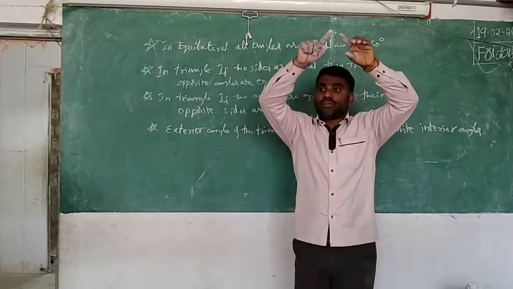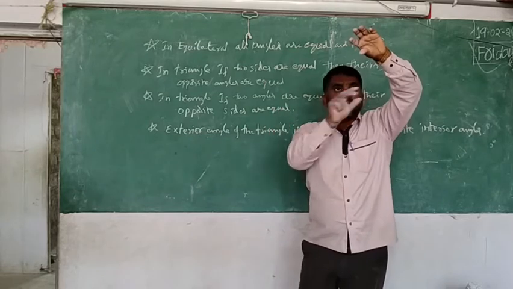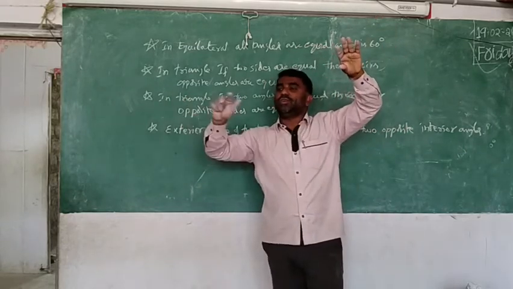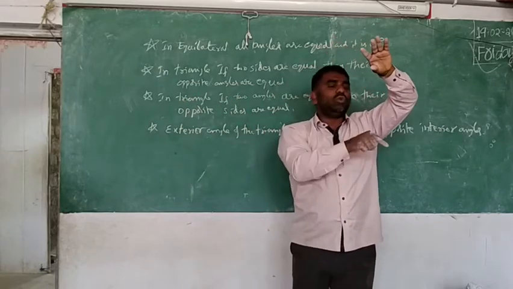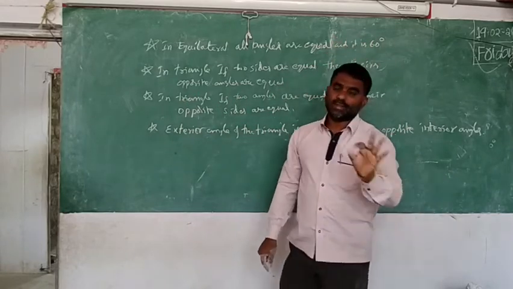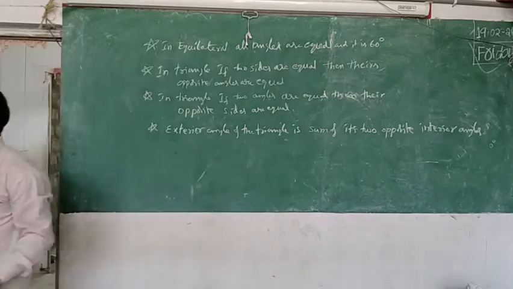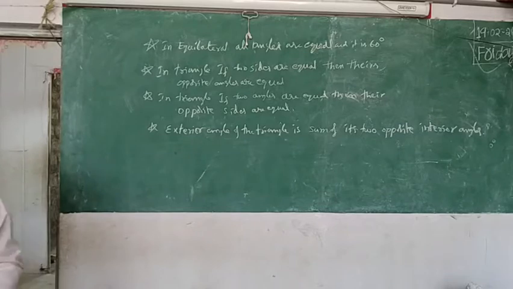If two angles are equal, their opposite sides are equal. And exterior angle is equal to the sum of its opposite two interior angles. These are the 7 properties of the triangle. Compulsorily you need to remember all of these. This is most important.